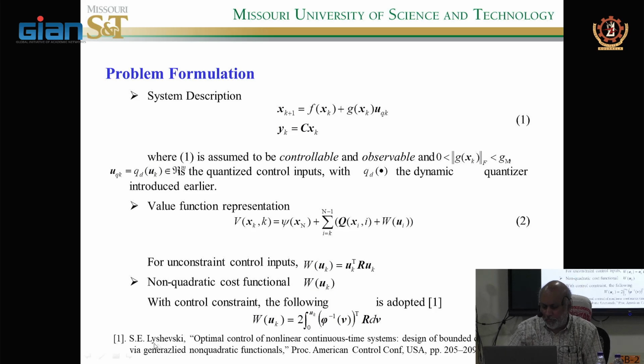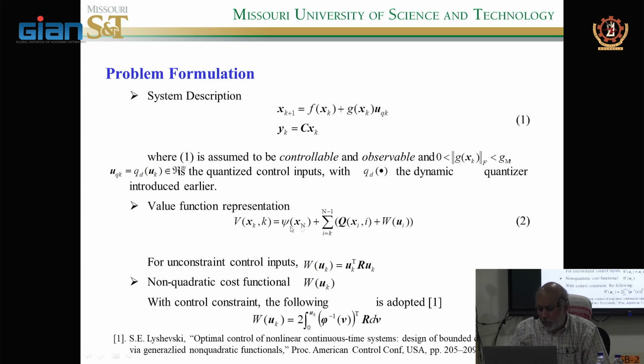This was taken from this paper, Lyshevski, Optimal Control of Nonlinear Continuous Time Systems: Design of Bounded Controllers via Non-Quadratic Functionals, okay? So this term is used here instead of quadratic, and then you have the Q, and then here is the terminal constraint. This is basically the value function.